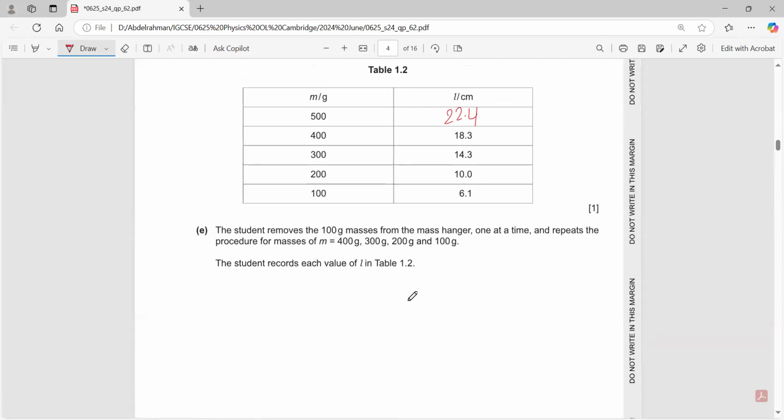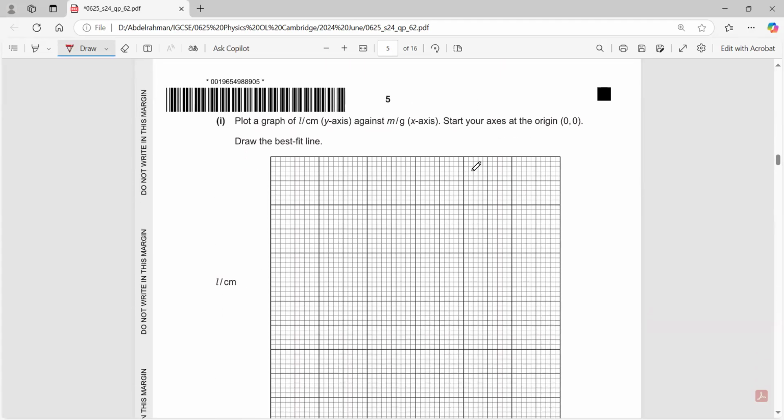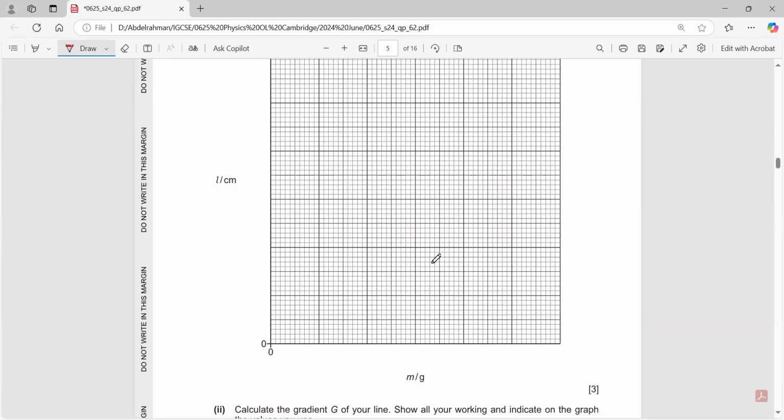The length started with 6.1, ended with 22.4. So you can write 5, 10, 15, 20, 25. On the x-axis, 100, 200, 300, 400, and 500.